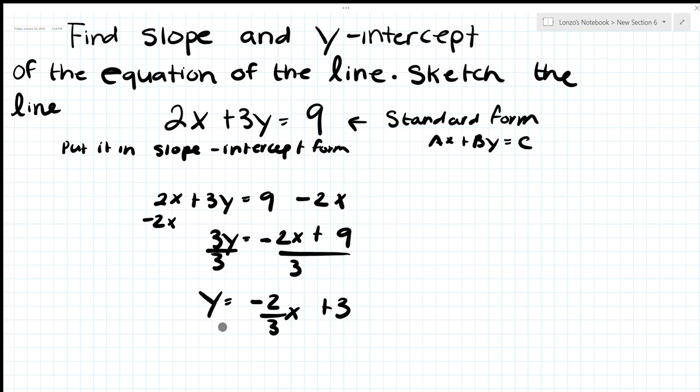So we know that our m is -2/3, and we also know our y-intercept, or b, is 3, but in coordinate form it's going to be (0, 3). So let's graph it.